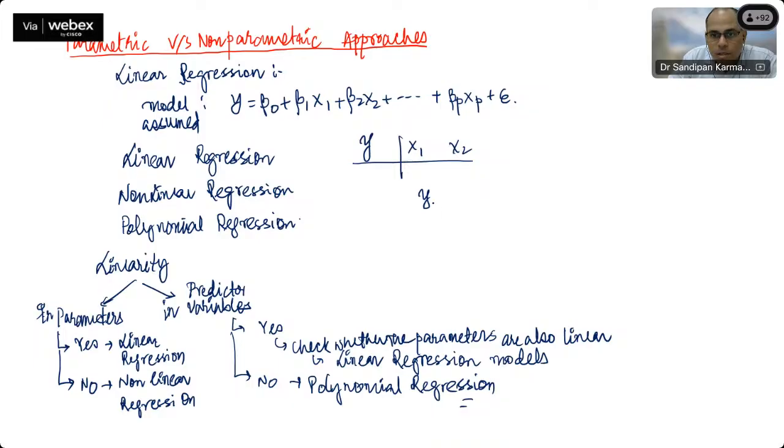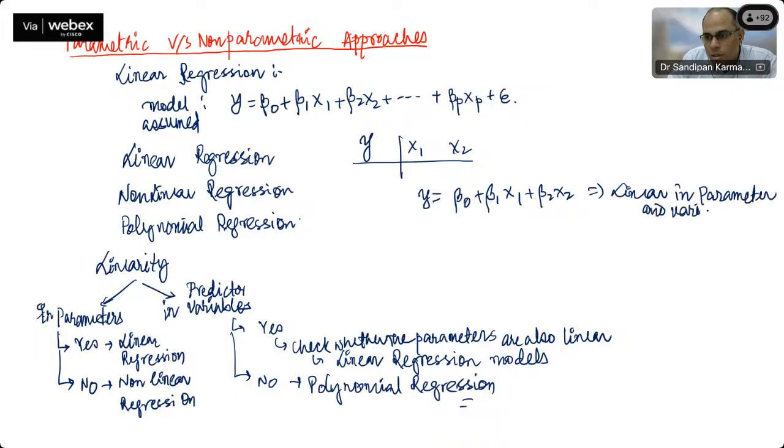If I am assuming y equals beta naught plus beta 1 x1 plus beta 2 x2, then it is linear in parameters as well as variables. And when it is linear in parameters, then generally we call it linear regression.